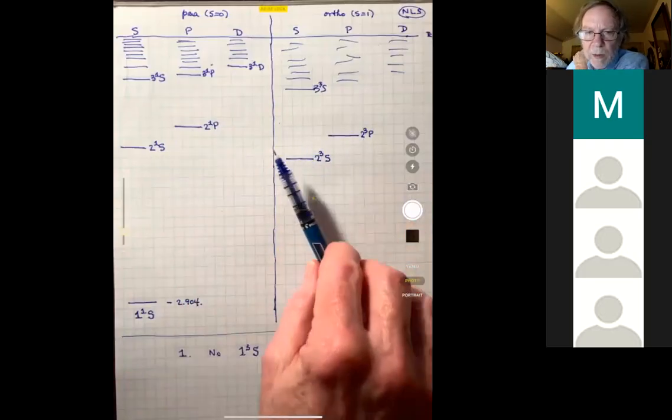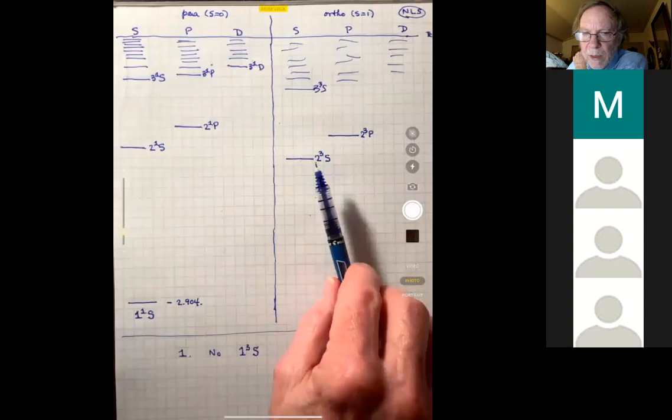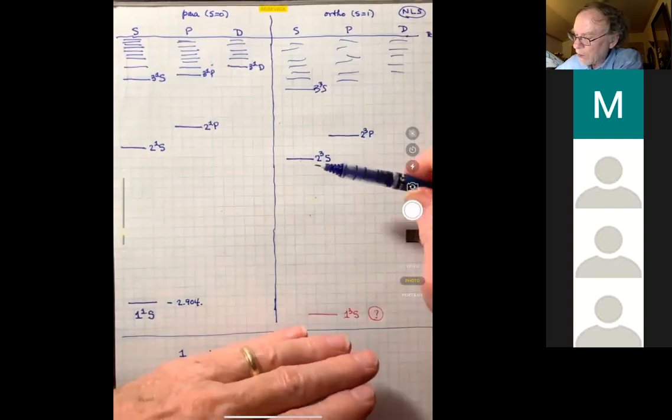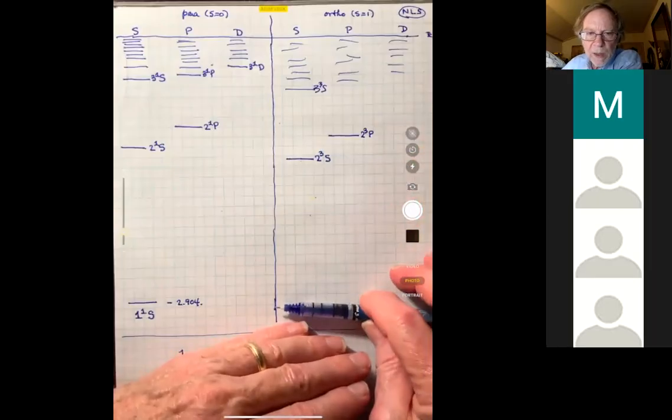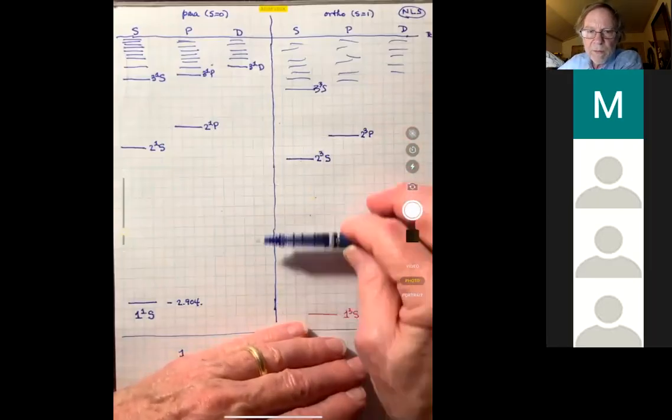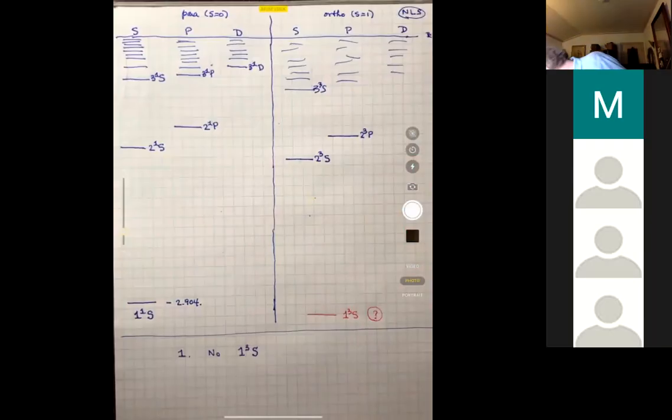I mean, they're actually connected. It's logical to call this an n equals 2 level. Plus, there's a substantial gap, which probably is more exaggerated than my diagram indicates, between the 1 levels and the 2 levels. There's quite a bit of space in there. In any case, there is no 1 triplet S.